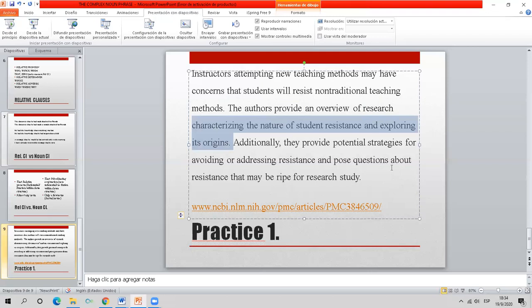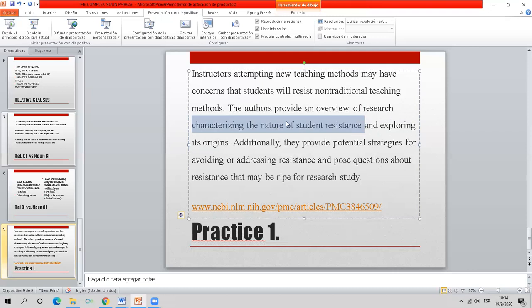The rest is a post-modifier, and which is the category? Present participial clause. In fact, we have two present participial clauses, okay, which are coordinated by means of and. So it is research, characterizing the nature of student resistance, which is the first present participial clause as post-modifier, okay?